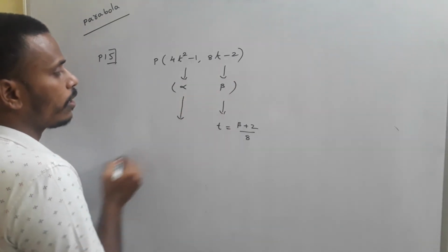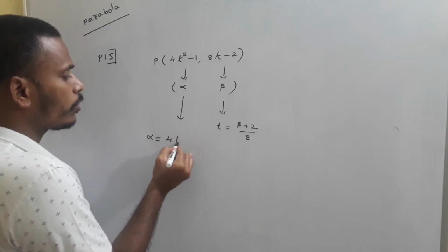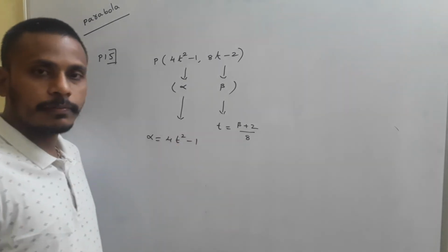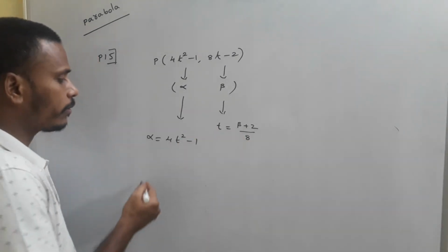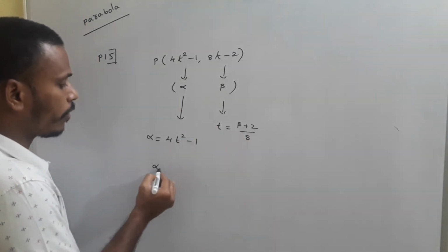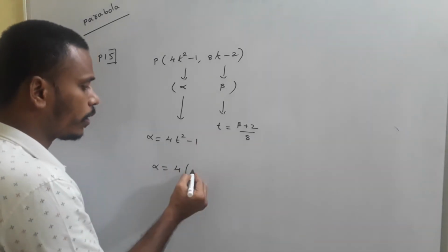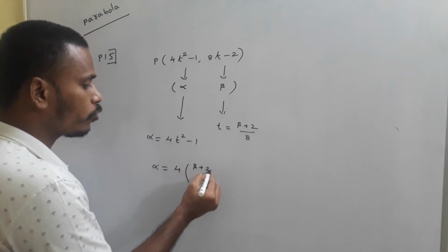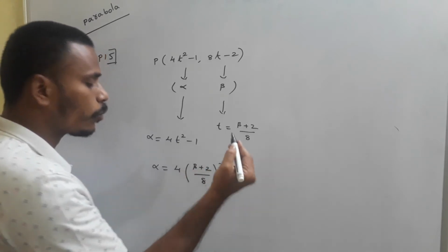And from this, what do you say about t square? Otherwise, we have the relation that alpha is equal to 4t square minus 1. Now replace this t with (beta plus 2) by 8. Then alpha is equal to 4 into ((beta plus 2) by 8) whole square minus 1.